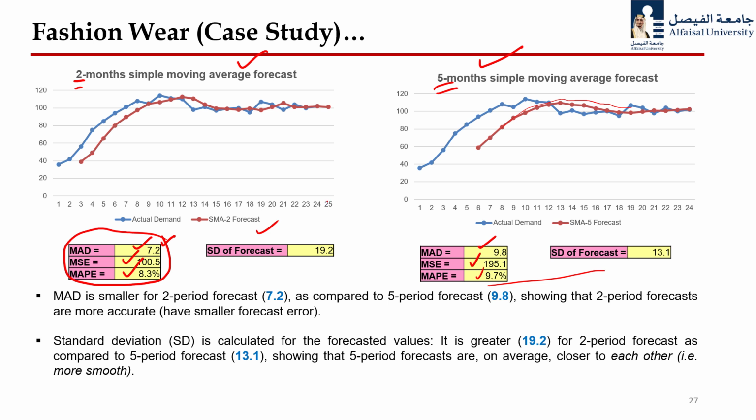We can see that the standard deviation for 5 months is smaller compared to 2 months, because here we are using the larger number. But as far as the forecasting method is concerned, the 2 months moving average is better compared to the 5 months moving average.